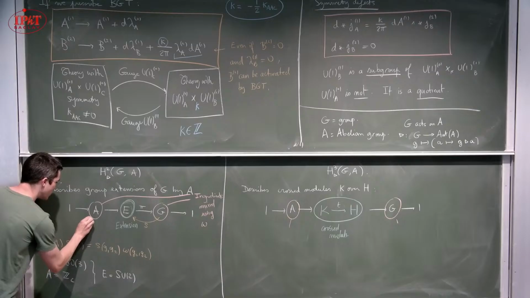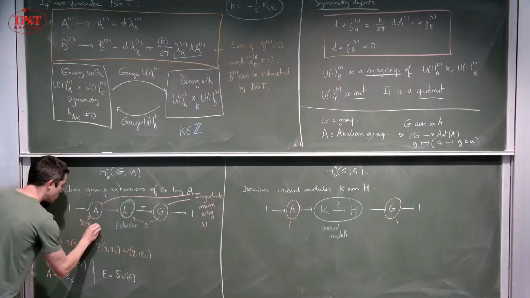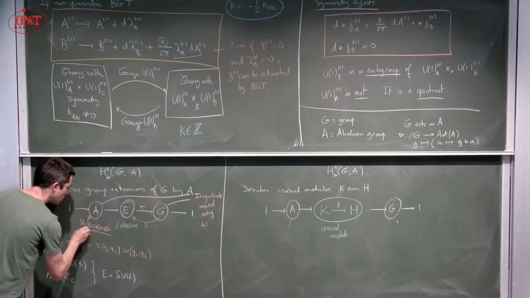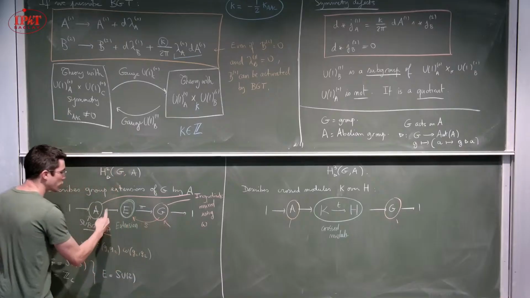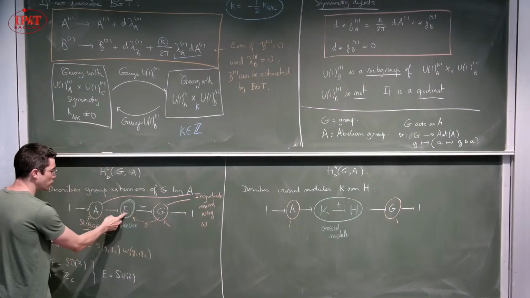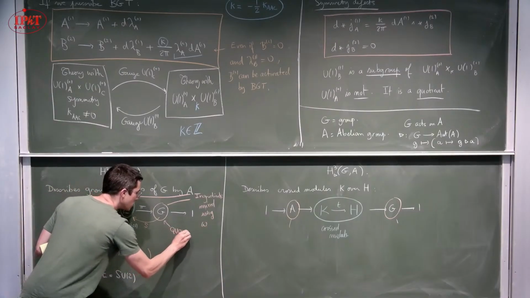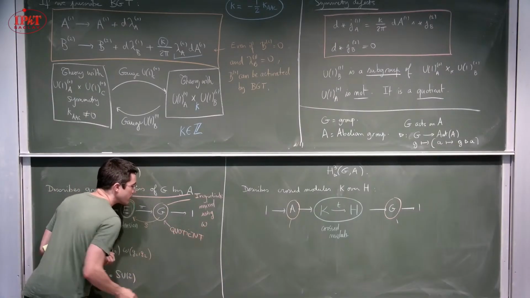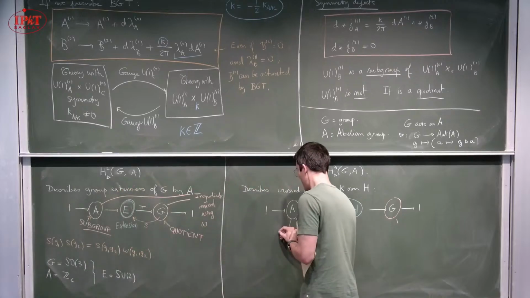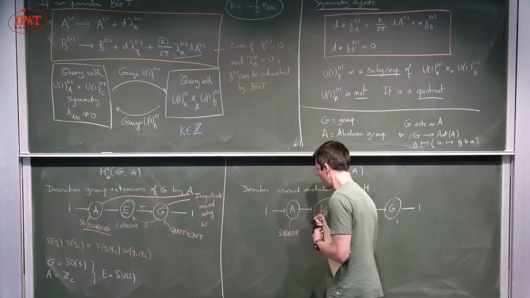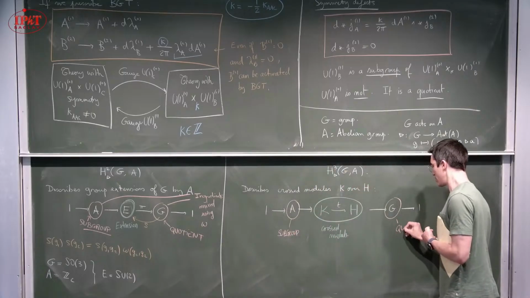This is a subgroup, while this is not a subgroup, this is a quotient. This is kind of E quotiented by A if you want. And the same happens here. That's a subgroup of whatever the structure here is, and that's a quotient.